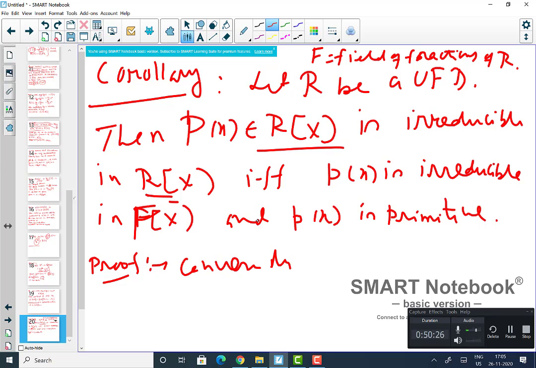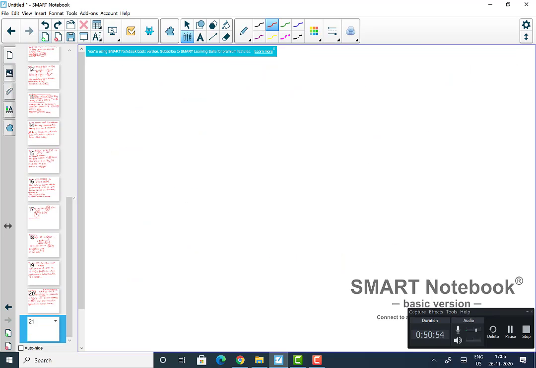So what does that mean? That means if it is irreducible inside R[x]. Okay, so let me write them properly. So from Gauss Lemma, what do you have?